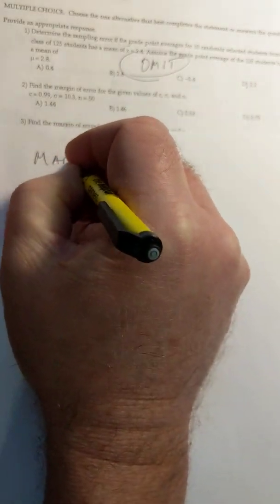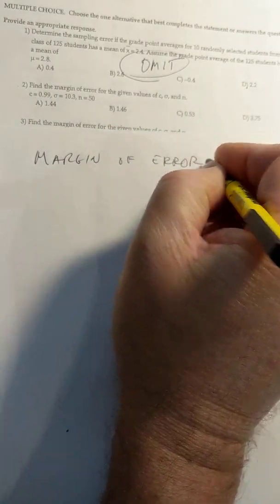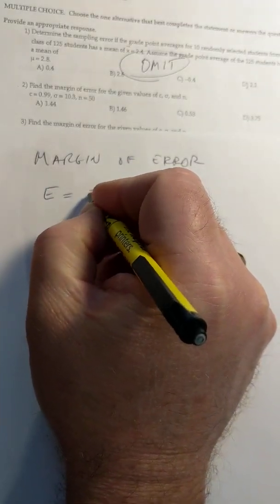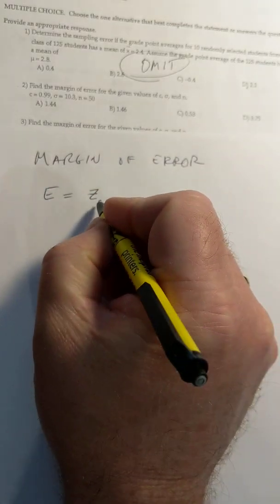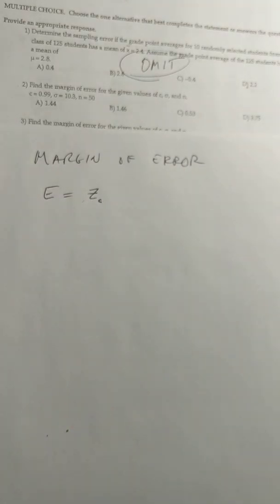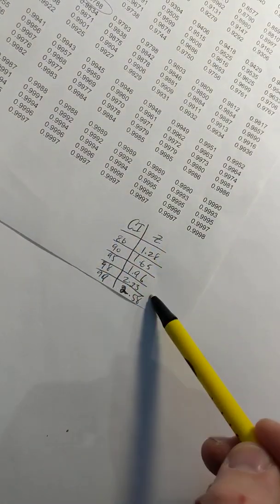And the formula for margin of error is error equal to z, and I have a c down here because the z changes based on the confidence level. Remember, we've calculated these in the last video, and I wrote them down here.